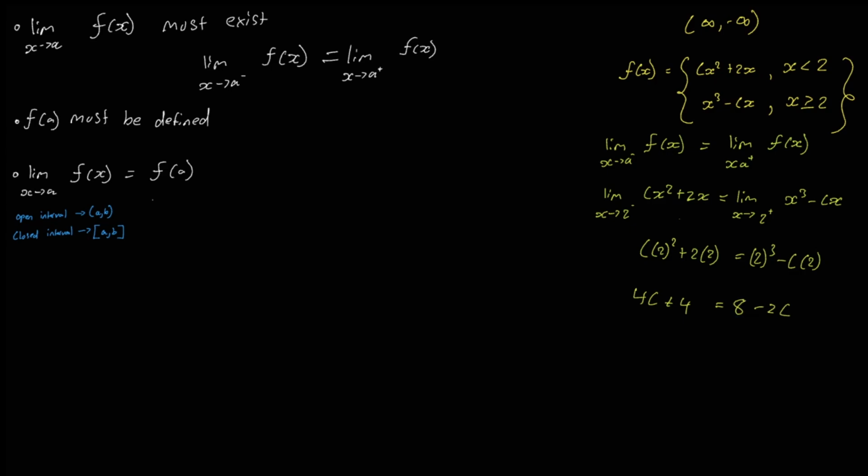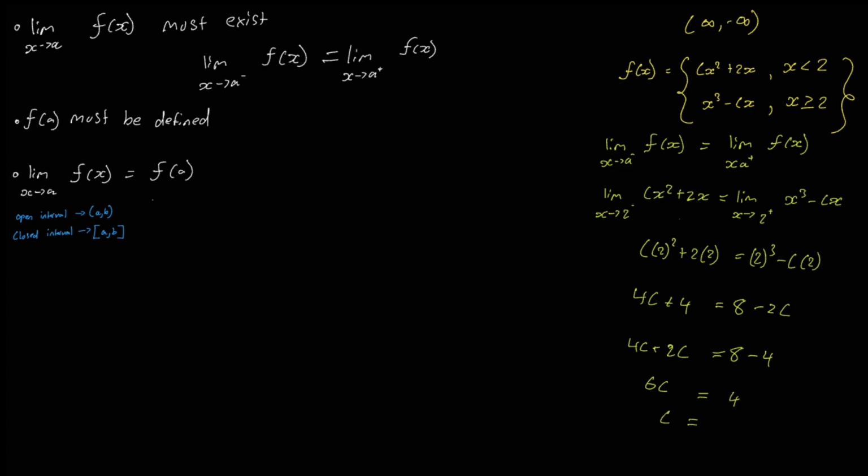Let's get our c values on one side and our other values on the other side. So we can write 4c, actually that would be plus 2c, because we're bringing a negative 2c over the equal sign. And then this becomes 8 minus 4. Now we have 6c equals 4.